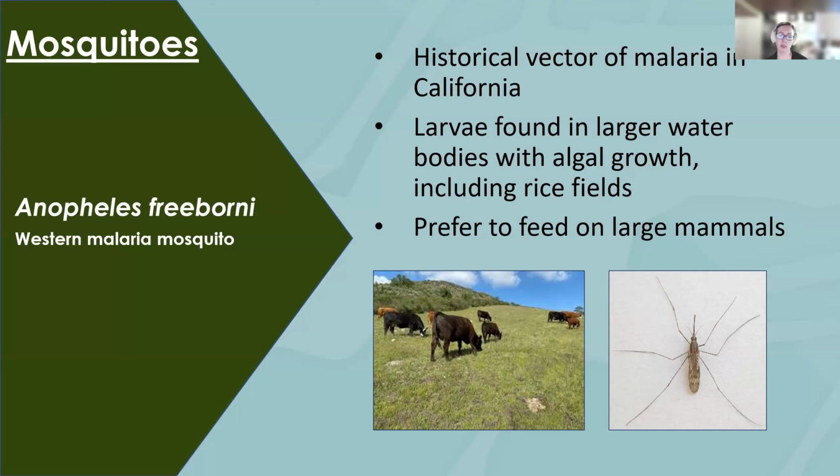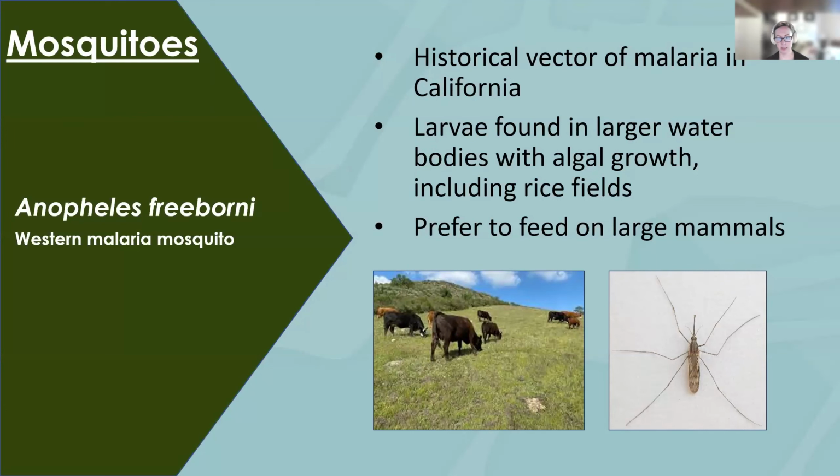The larvae develop in larger water bodies, particularly those with a lot of algal growth, and they're heavily associated with rice fields. Anopheles freeborni mosquitoes prefer to feed on large mammals, particularly cattle, and they will also readily and aggressively bite people.